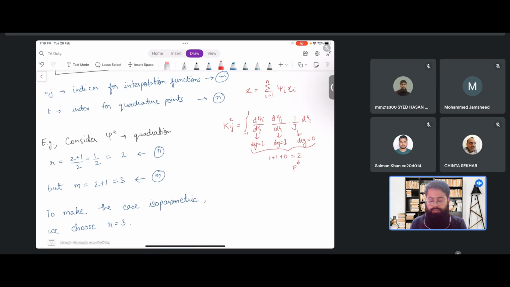So if we use n equals 2, two quadrature points here, we will get the exact solution. But the case does not become isoparametric. It would become what? Can someone tell me? If we use n equals 2 here, what would the case be called? What type of approximation?